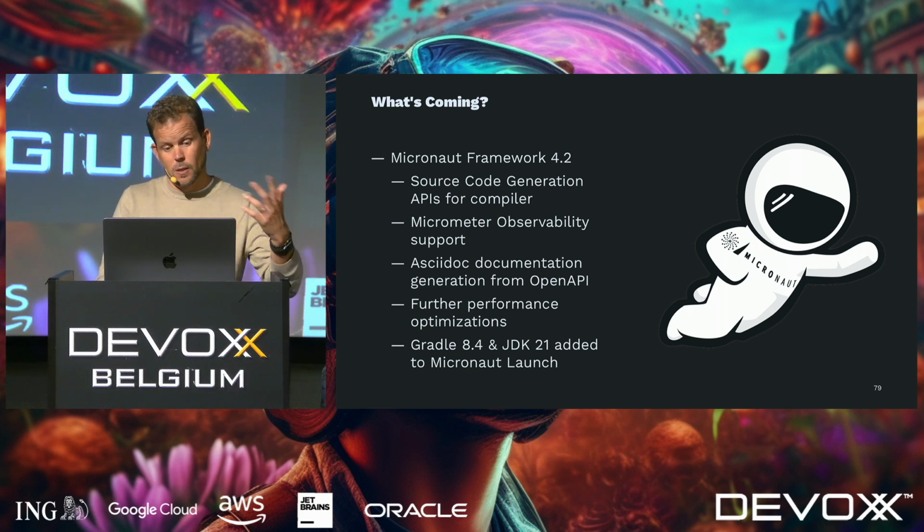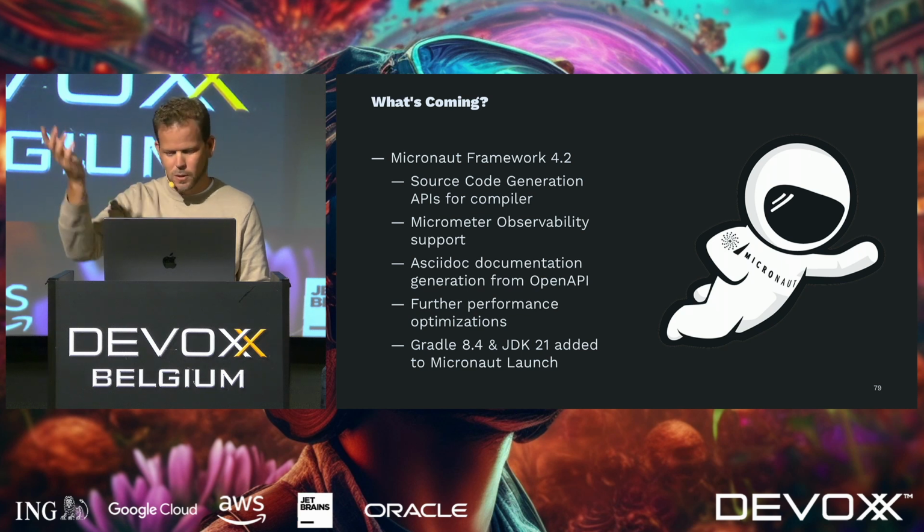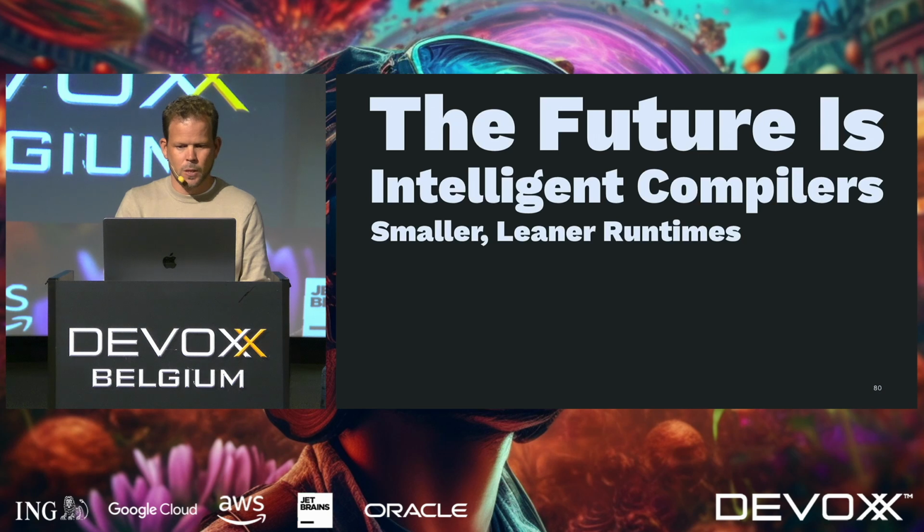So the OpenAPI features that we just showed you, you'll be able to generate ASCII documentation, which you can turn into PDFs and web pages to document your REST API, which is going to be really cool. Even more performance optimizations, and obviously adding JDK 21 to the launcher, and updating to Gradle 8.4, which will support JDK 21 officially.